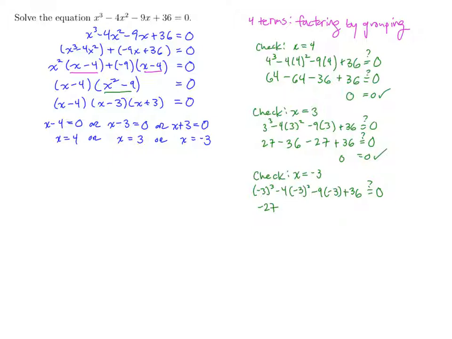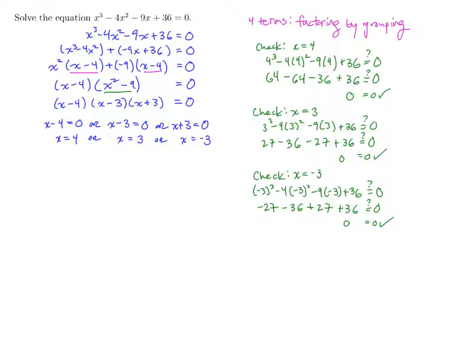Then I'm subtracting 4 times the quantity negative 3 squared. That negative 3 squared becomes positive 9, so I'm subtracting 4 times 9, or subtracting 36. Subtracting 9 times negative 3 becomes adding 27, and then finally I'm adding 36. So this simplifies down to negative 27 minus 36 plus 27 plus 36.